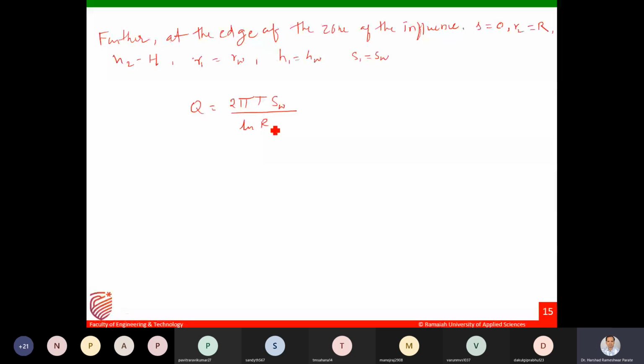So what we have considered here, let's go back to the figure. Here we have considered H1 and H2. H1 is at the edge of my bore well, and H2 is at the end of my radius of influence.